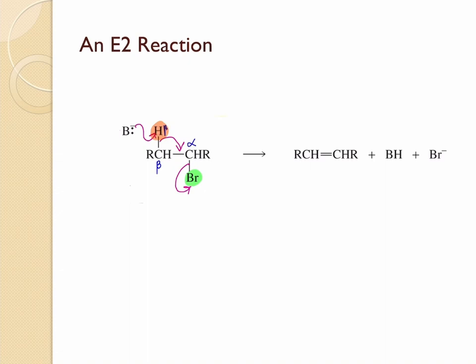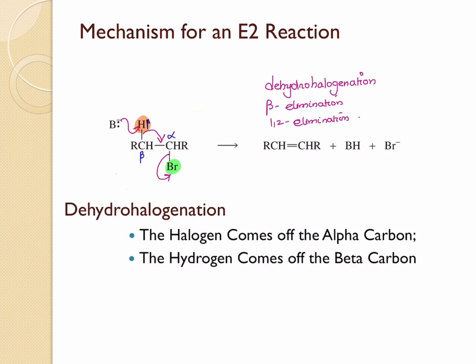This process of elimination of a proton and a halide ion is called dehydrohalogenation, or beta elimination, or simply 1,2 elimination. So on the whole, in a dehydrohalogenation, a halogen is going to come off from the alpha carbon, right?